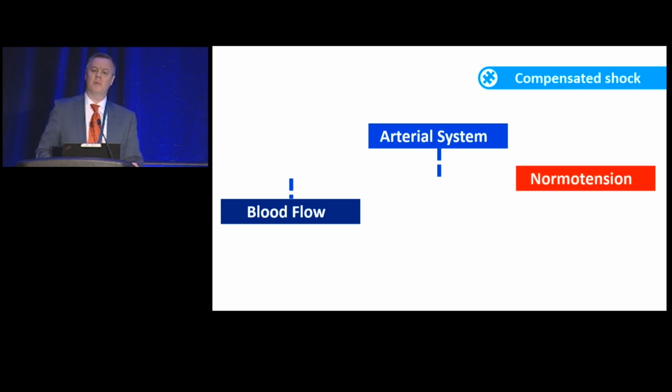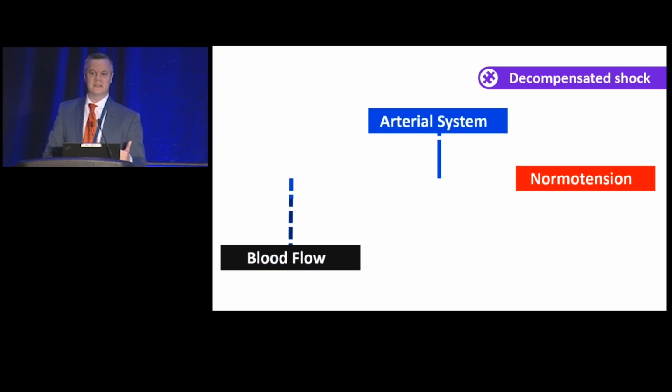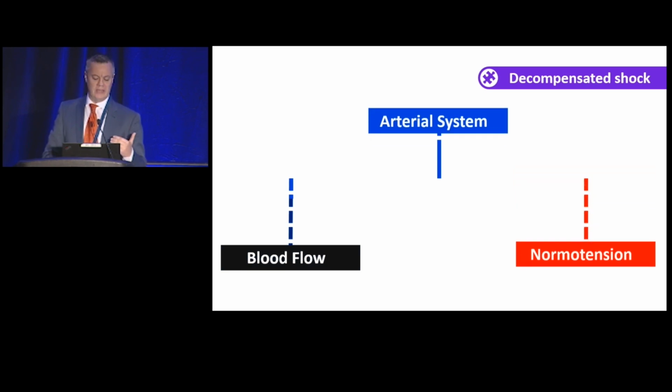There is some kind of hypoperfusion, but the arterial system tries to keep the arterial pressure at the normal level. But if the blood flow decreases more and more, and the arterial system is unable to regulate this decrease in blood flow, then we will see hypotension. But at the very beginning, the arterial pressure will remain stable.